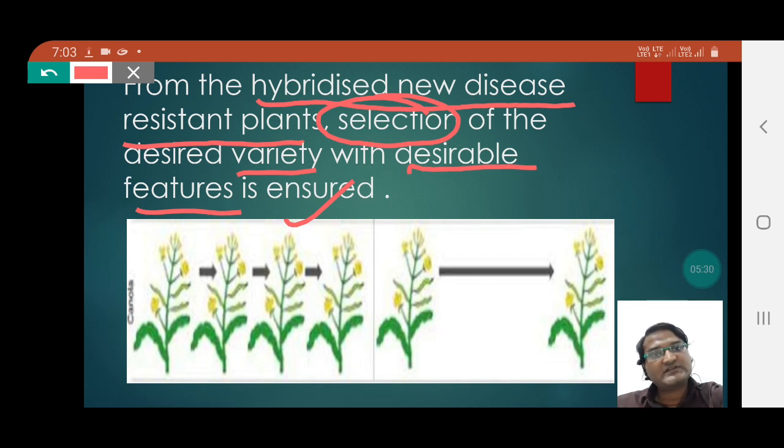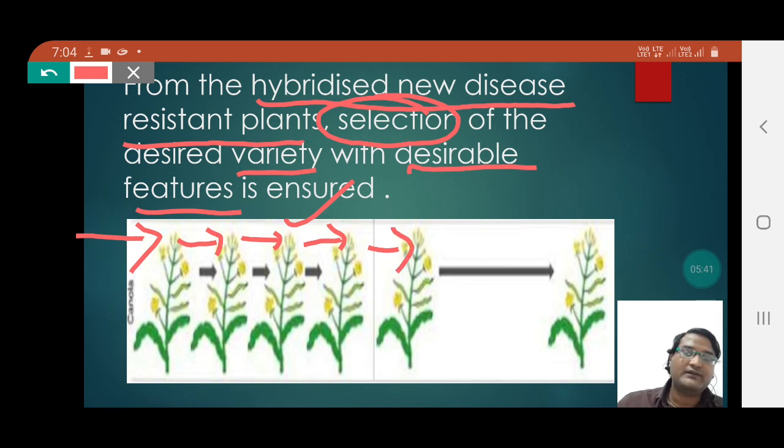Students, this concept becomes more clear when we notice that the plants are being continuously grown, you can see here, and they are grown till the best variety of the plant with more improved disease resistant capability is obtained.